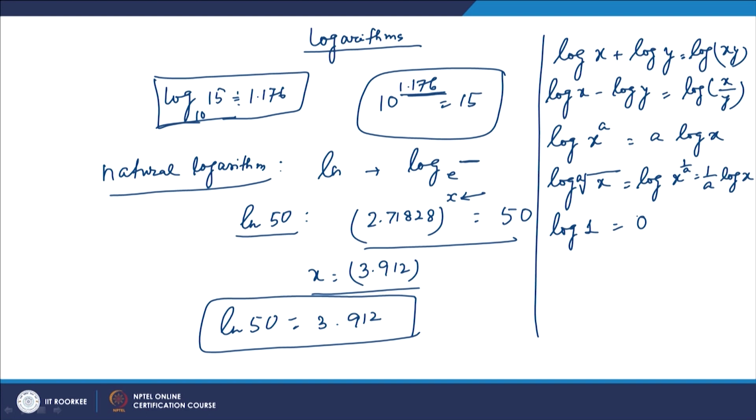If you try to see how the function of the logarithm looks, if you try to draw it, a function something like this is there, or this function is there. So this will be a logarithmic function.